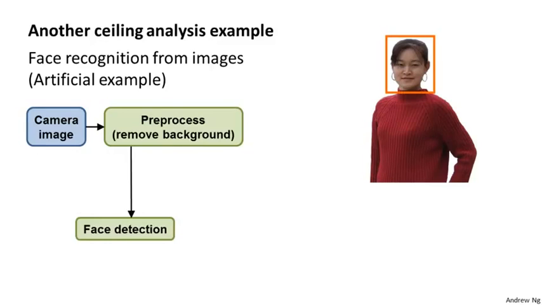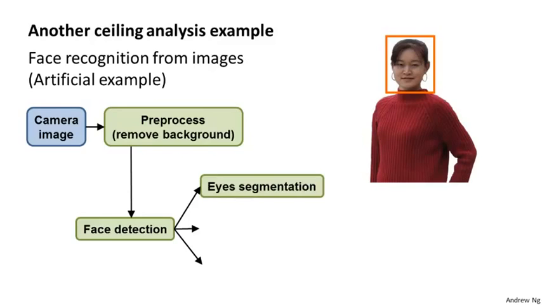Having detected the face, it turns out that if you want to recognize people, the eyes are a highly useful cue. In terms of recognizing your friends, the appearance of their eyes is actually one of the most important cues that you use. So let's run another classifier to detect the eyes of the person.